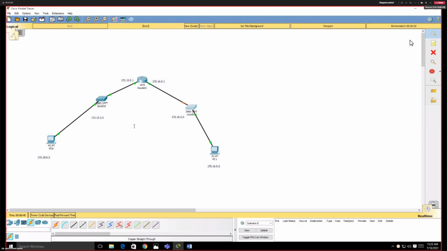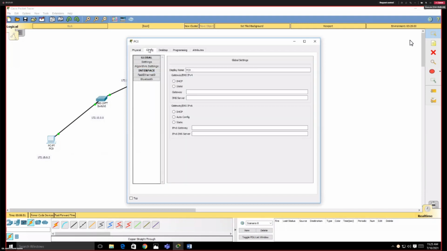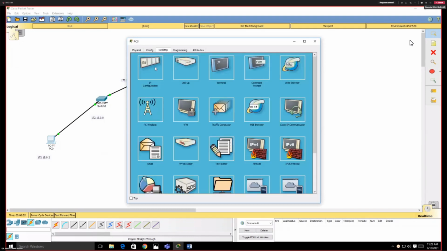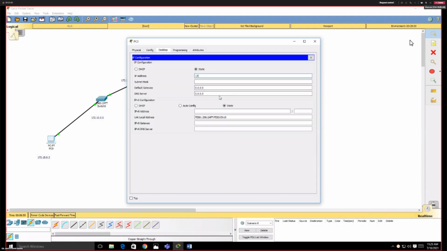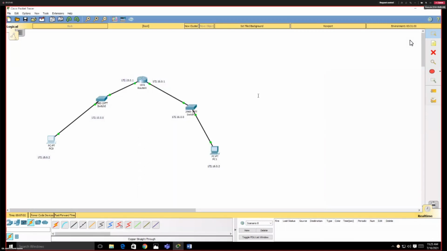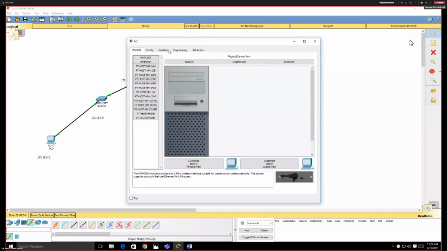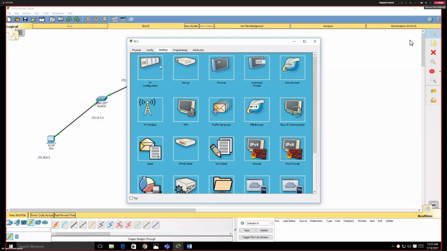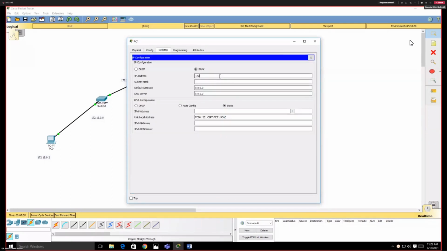We are discussing the default gateway right now, and to discuss it, first of all we have to assign the IP addresses. You can see I have assigned the IP address to the computer, 172.15.0.2, and for this computer I have to assign IP address 172.16.0.2.